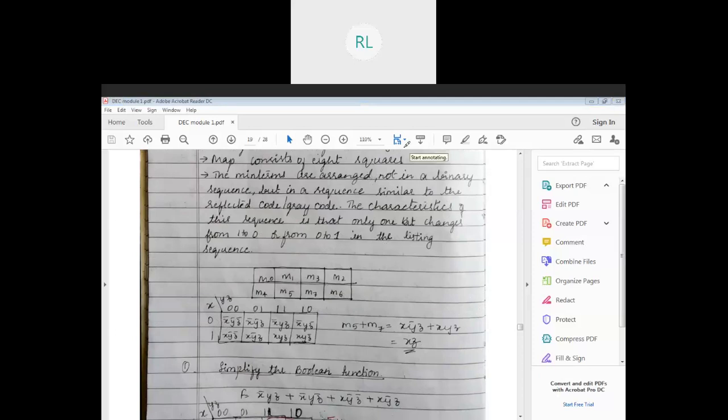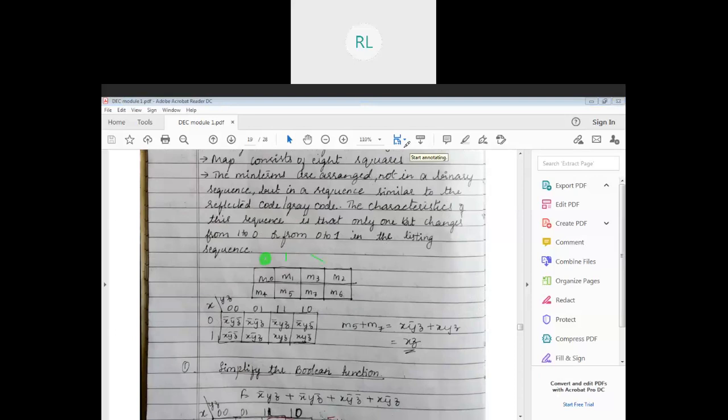If you can see here, you have M0, M1, M2, M3, M4, 5, 6, 7. Now, normally what is our order?